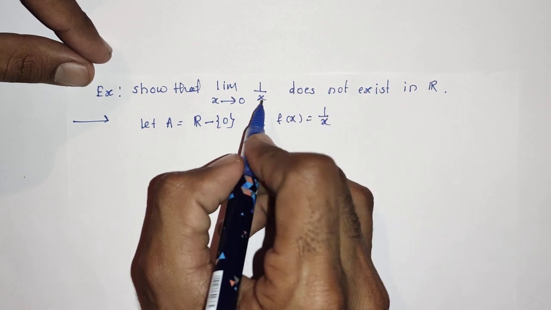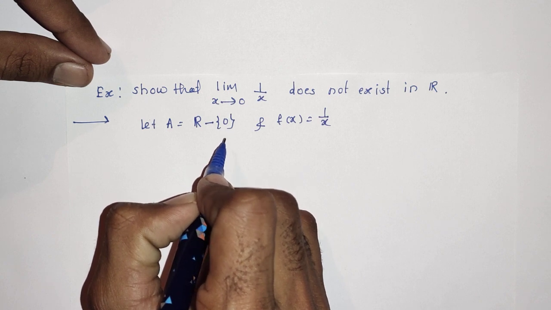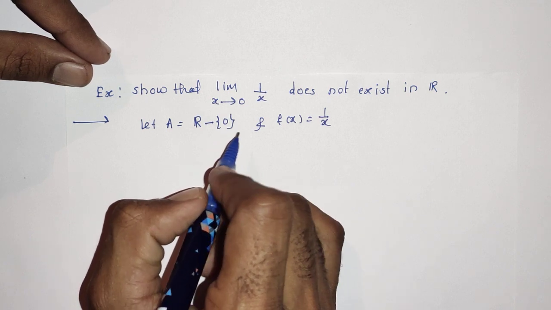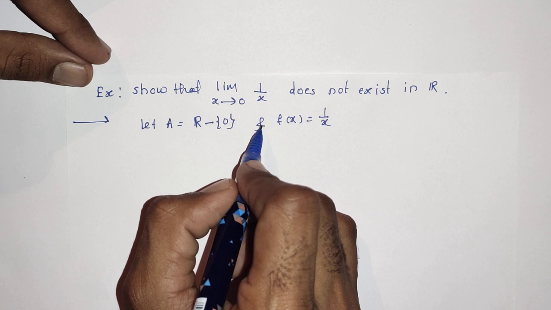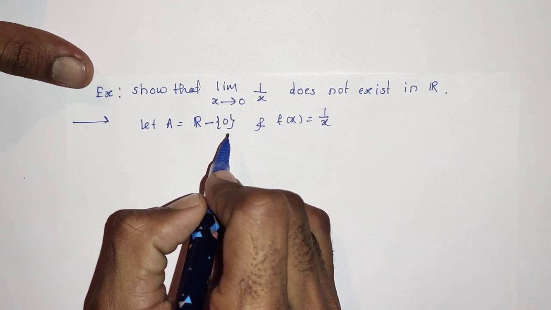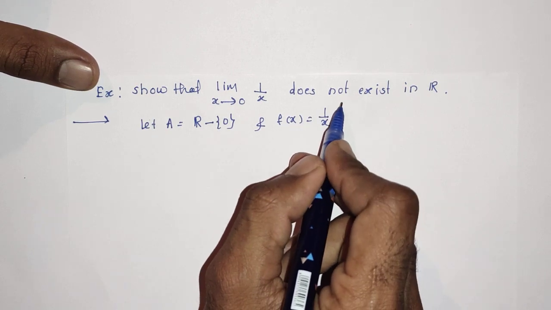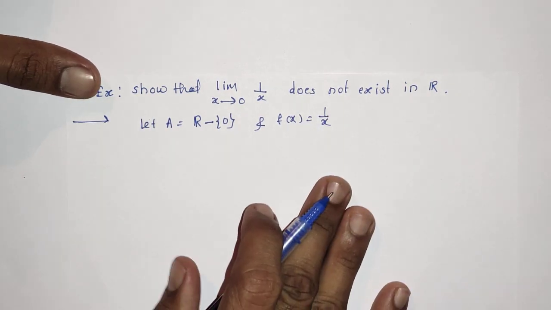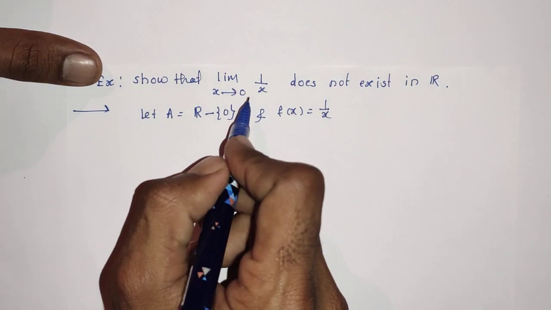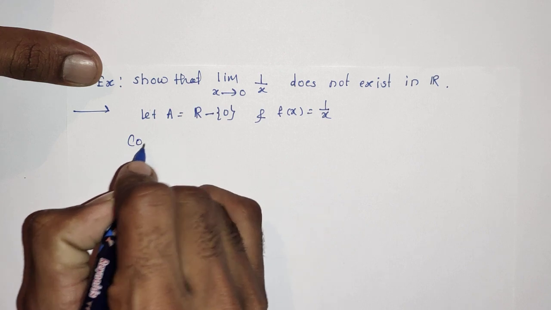Now if we find one sequence in this domain which converges to some element, but the image of this sequence does not converge, that is, one convergent sequence whose image is not convergent in the codomain, then we will say that this limit does not exist by the first statement of divergence criteria.